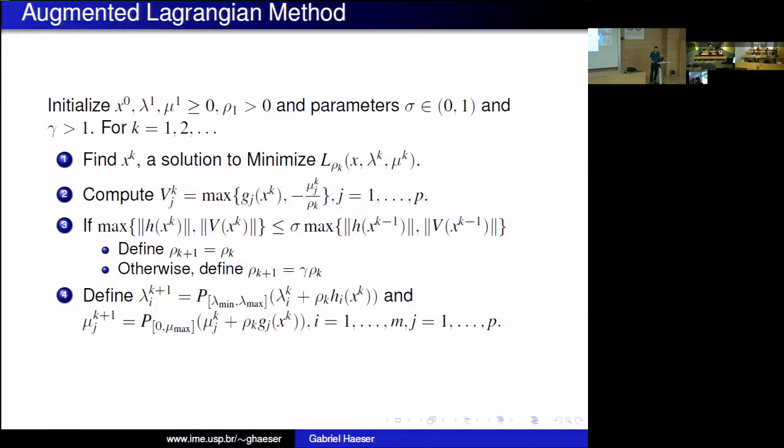Because I guess in practice, if I take lambda max very large, I might have the problems of ill conditioning you were mentioning before, for the subproblems. If I end up having estimates that are very large, I might have problems to solve each iteration because of the ill conditioning of the problem. But the conditioning of the problem is associated to rho k very large, not lambda. If lambda is larger, you don't get a problem with conditioning. No.